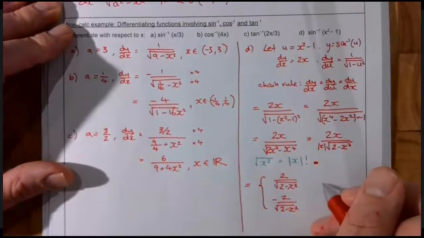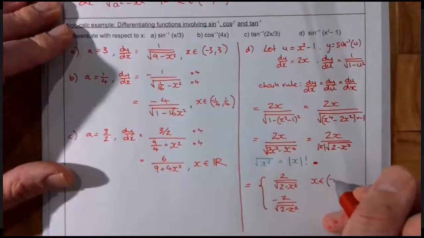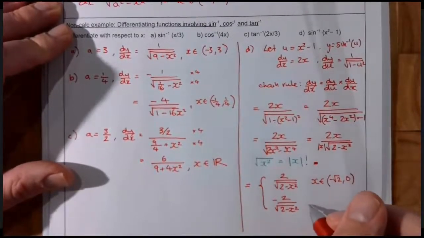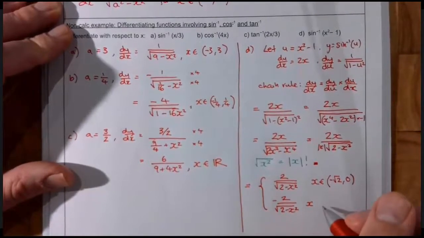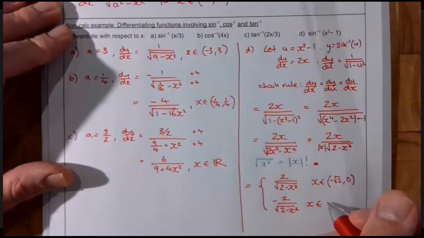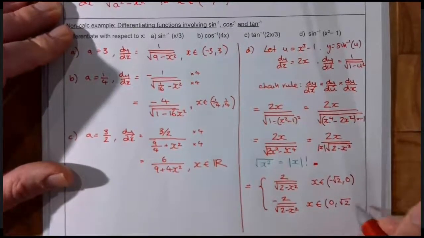The negative part of that is x within minus root 2 and 0. And the other part of that is x between 0 and root 2.